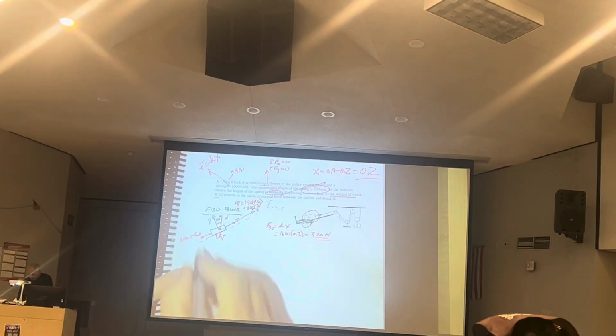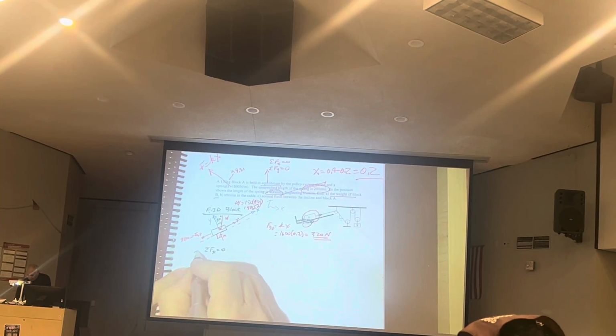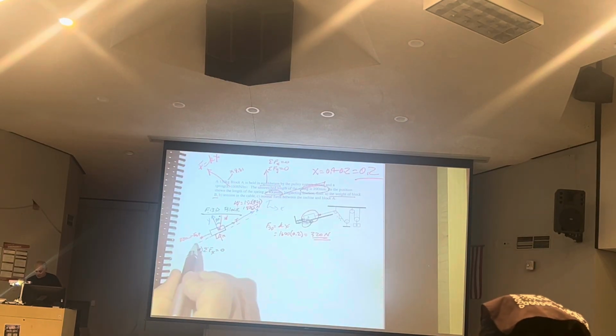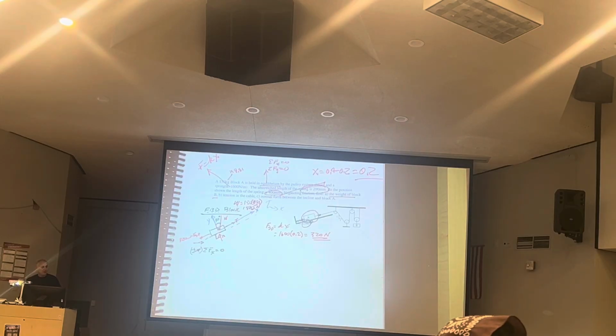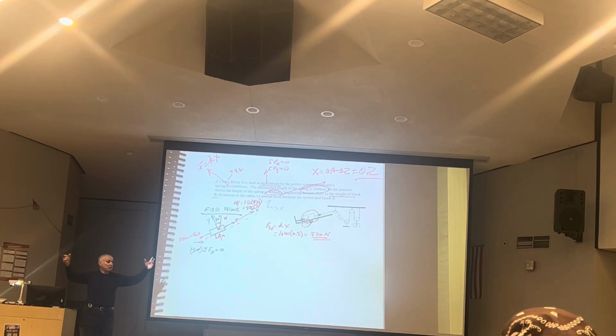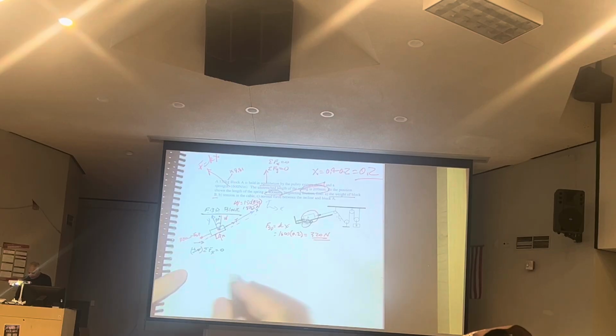So now I come in and I say, hey, sum of forces in the x equals 0. Please notice how I tilted the coordinate system, because every other time I've been doing this, it's been horizontal. I now rotated the coordinate system, and you can do that anytime you want, as long as you maintain x and y being 90 degrees to each other. And I have maintained them at 90 degrees, I just rotated them to make my life easier.